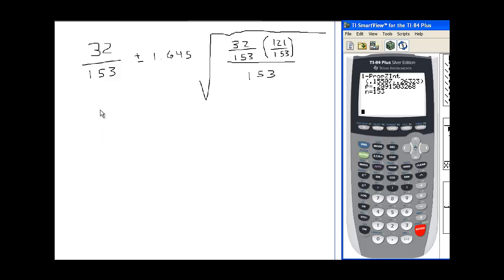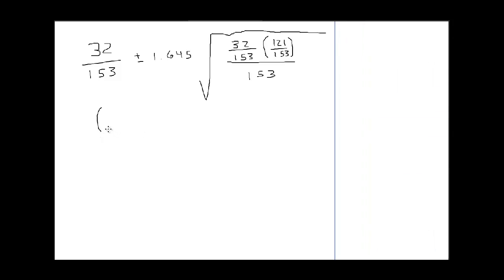So let's bring that over here. Our confidence interval is 0.155 to 0.263. And I would expect that you write out all the decimals here.